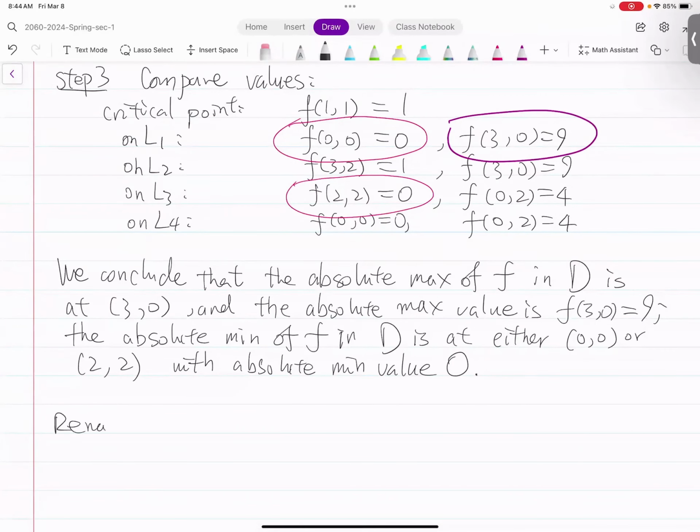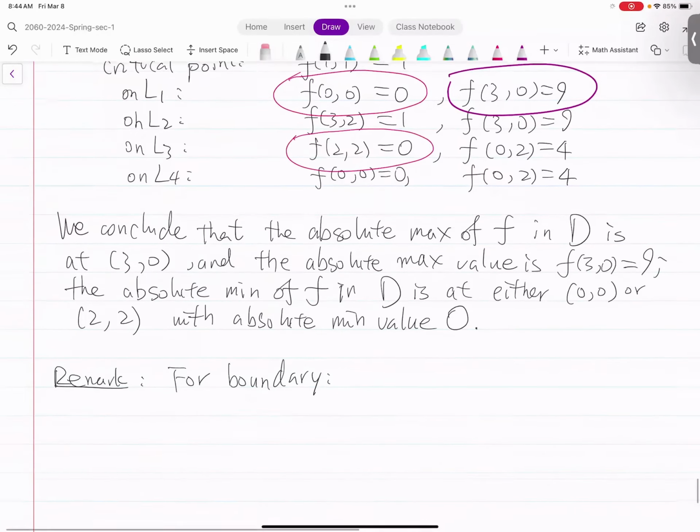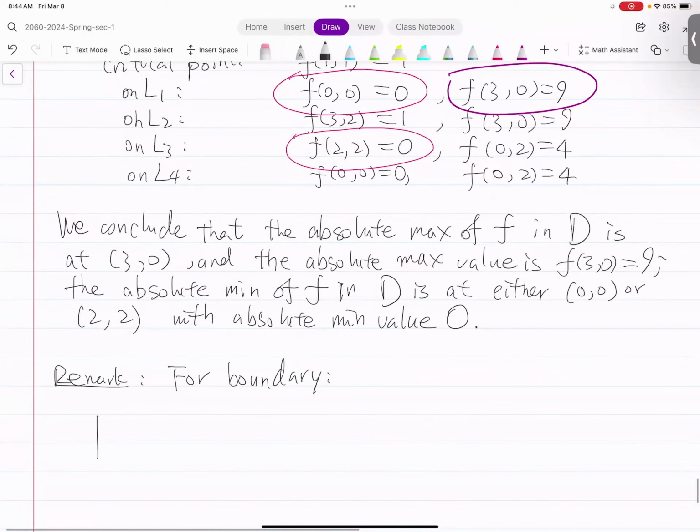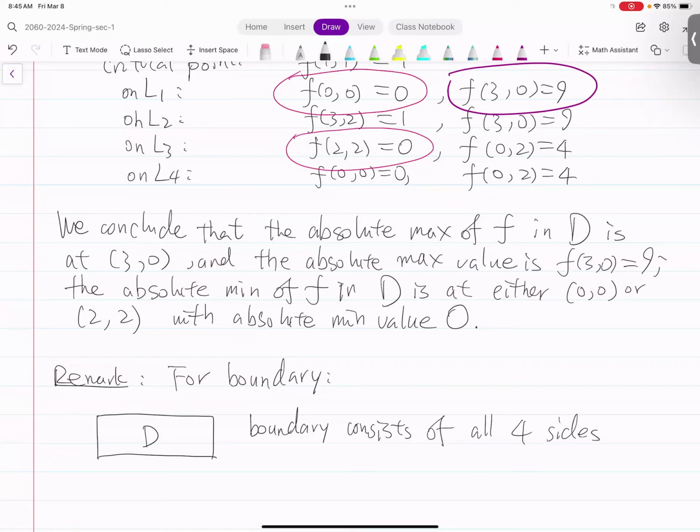Remark. For boundaries, if we have a rectangle that we have seen from the previous example, then the boundary in this case consists of all 4 sides, not just the 4 corners. Okay?